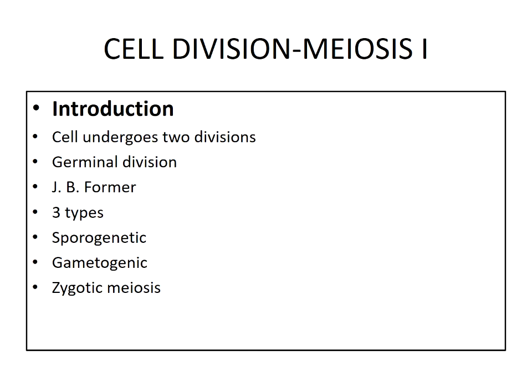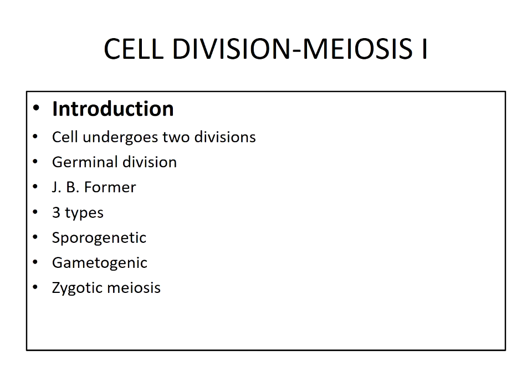Meiosis is a type of indirect cell division involving many sequential stages. The term meiosis was coined by J.B. Farmer, and it is derived from a Greek word meaning to reduce. Based on the place where meiosis occurs, it is classified into 3 types.